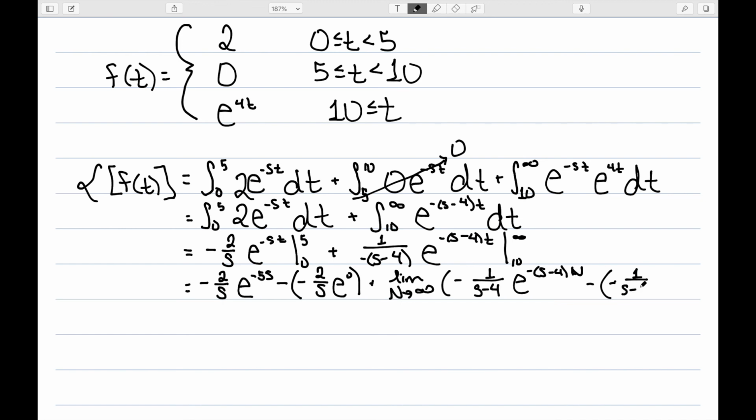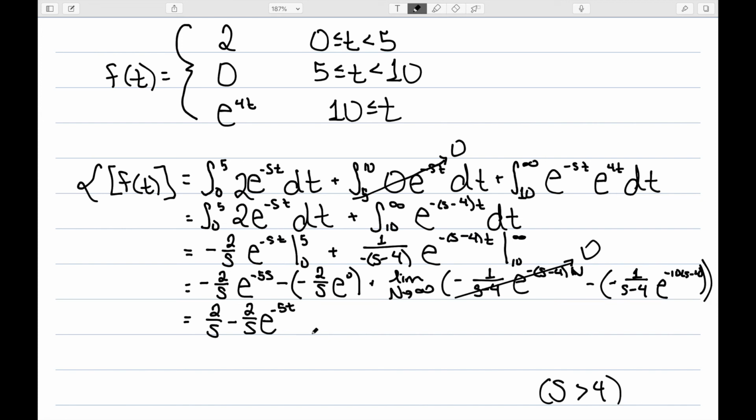Minus, so negative 1 over s minus 4 e to the negative 10 times s minus 4. As I evaluate, this term here is going to be positive 2 over s, and then minus 2 over s e to the minus 5s, so I just moved it so that my positive term would come first. Once again, this limit is going to go to 0, provided s is greater than 4, so I do have a restriction on my domain once again. The double negatives here are going to cancel, and I have plus 1 over s minus 4 e to the negative 10 times s minus 4.